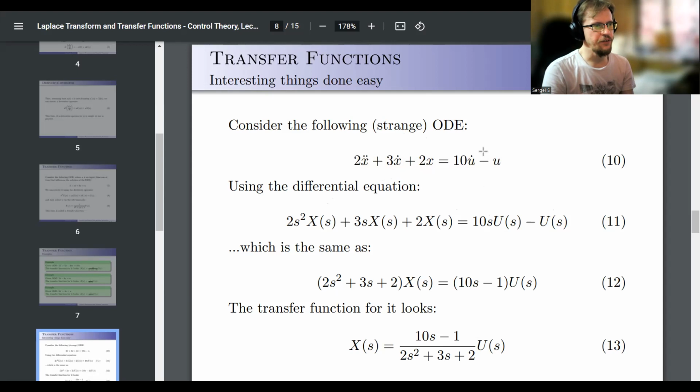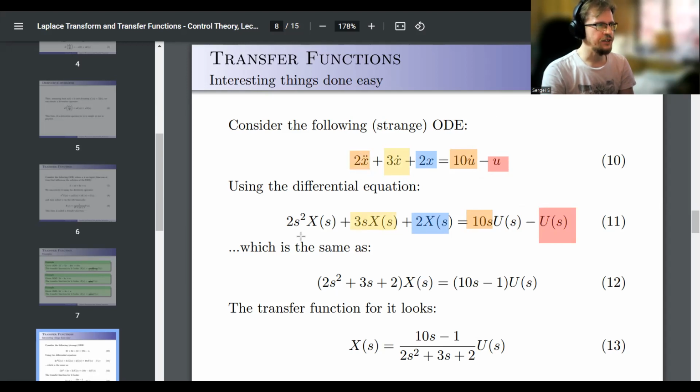So the coefficient in front of u becomes this, with a minus sign. This 10u dot becomes 10s times U, the same U. This 2x becomes 2X. This 3x dot becomes 3s X of s.